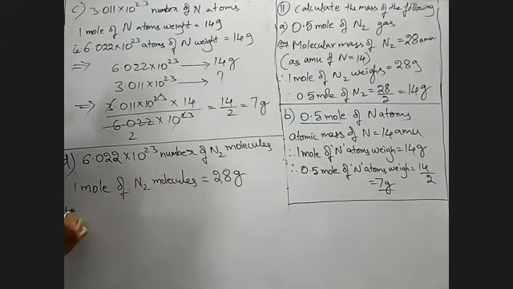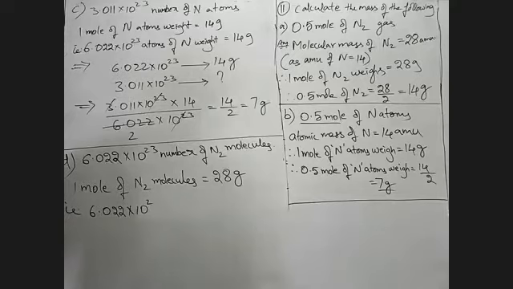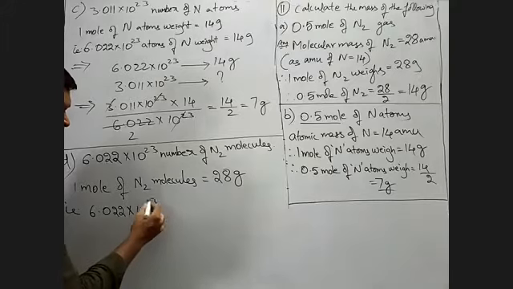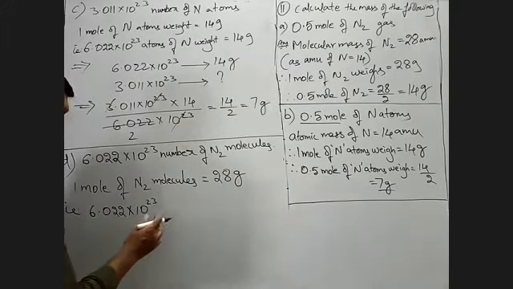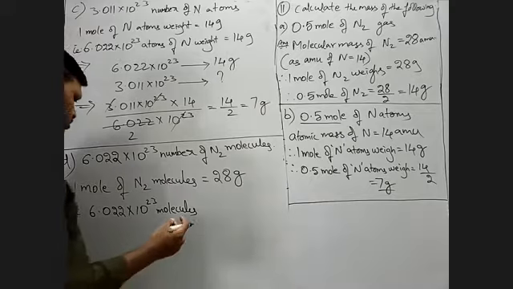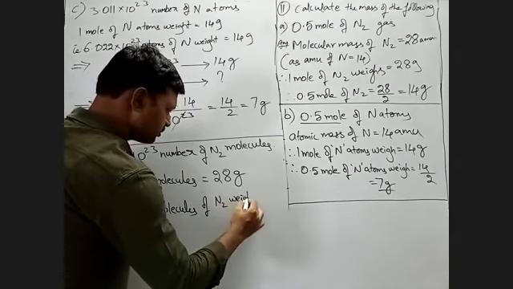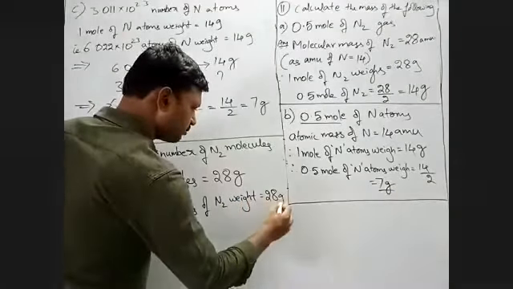So 1 mole means 6.022 into 10 power 23 molecules of nitrogen, 28 gram.